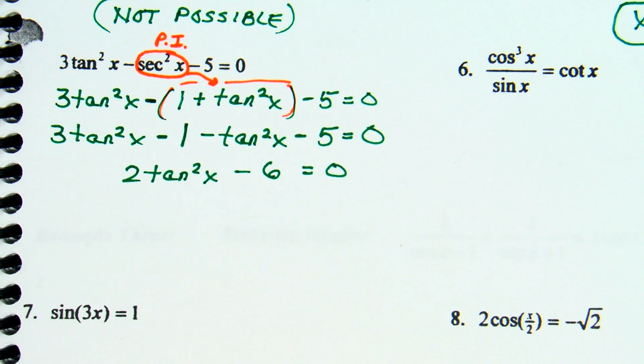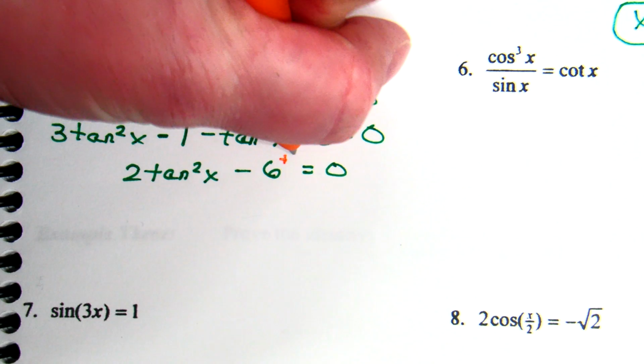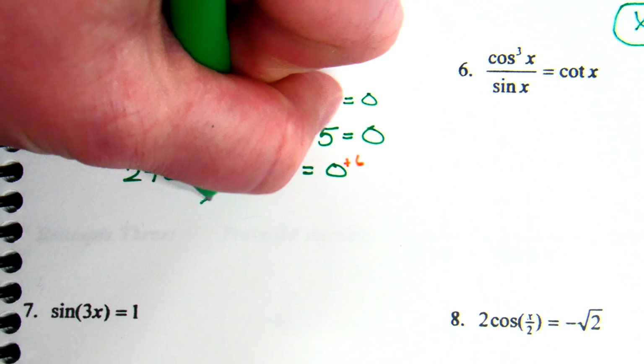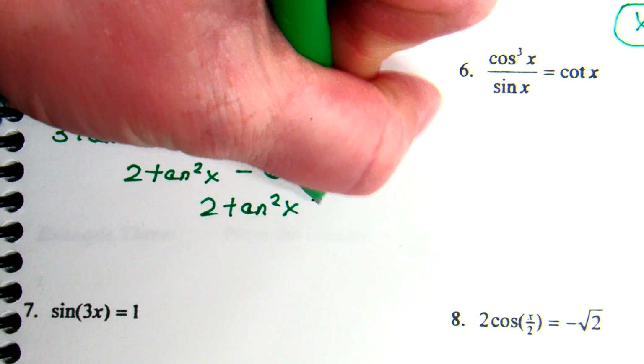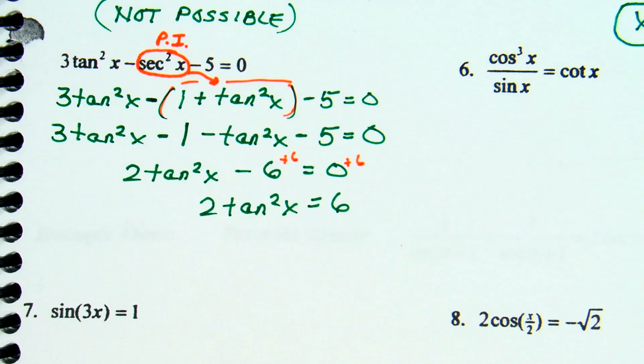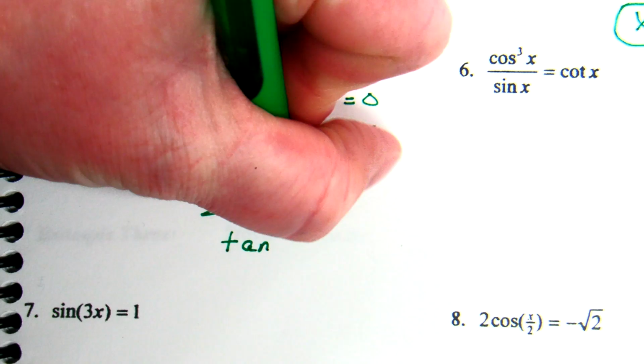So yes, I would agree, let's add 6 over to the other side. So then I have 2 tangent squared x equals 6. And then you would divide by 2, right? So if I divide by 2, I now have tangent squared x equals 3.